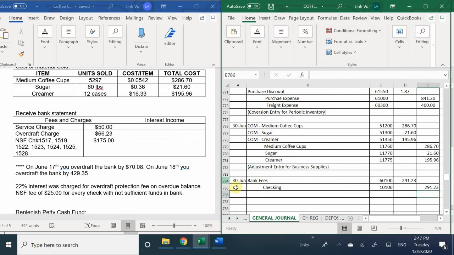I'm going to go ahead and write here. You can write bank reconciliation, because this is bank reconciliation, right? Adjusting for bank charges.